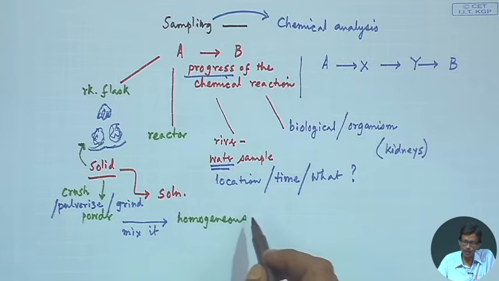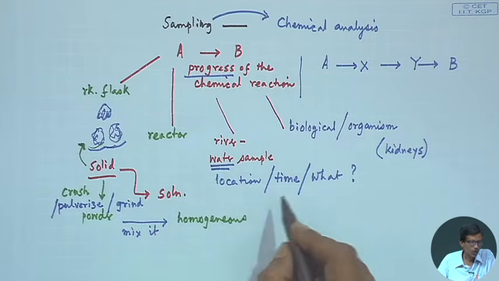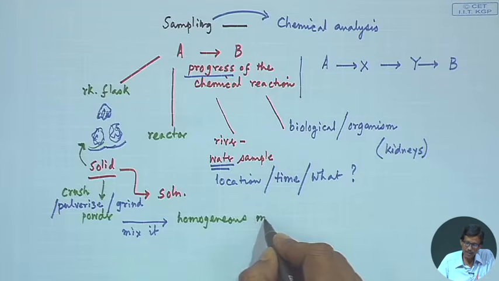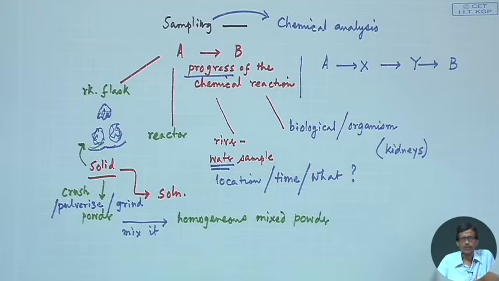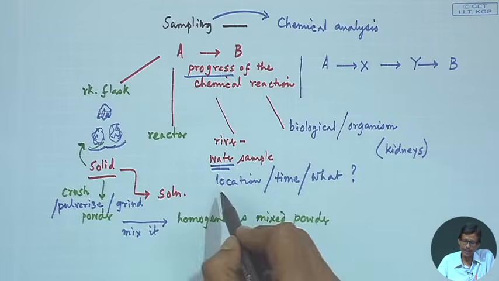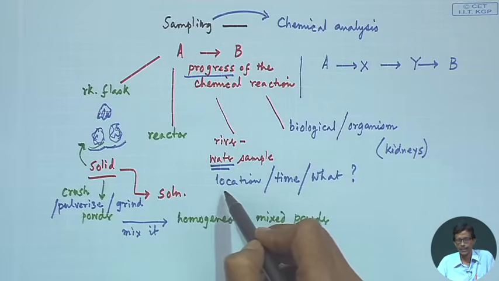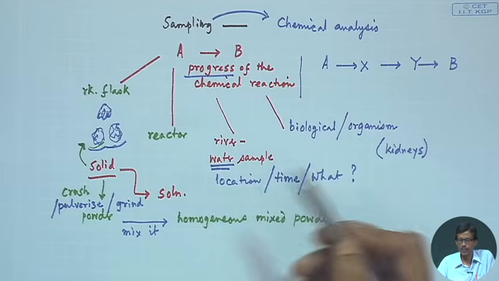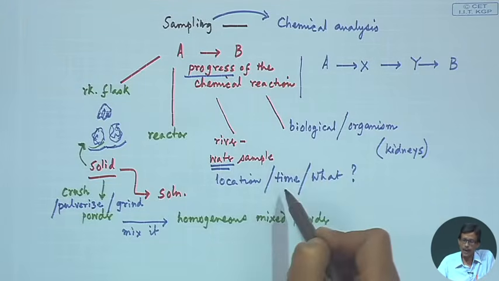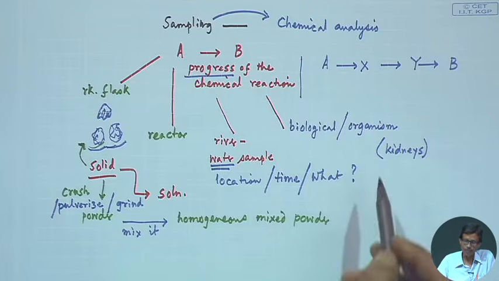So, what will we be looking for? We will be looking for something homogeneous and mixed powder. So, this powder we can store basically from the different sites, like the collection of sample from the river bed, where we are collecting that particular sample, which river, when, where and at what particular time.